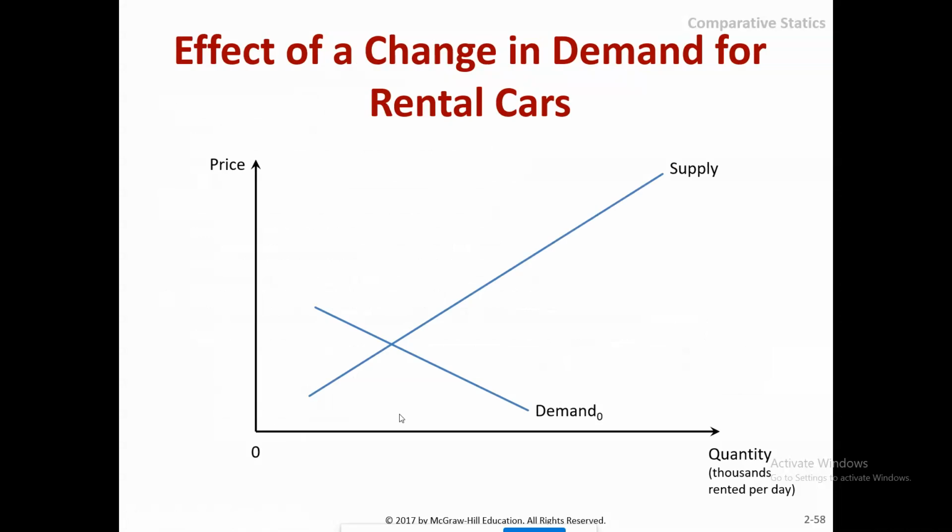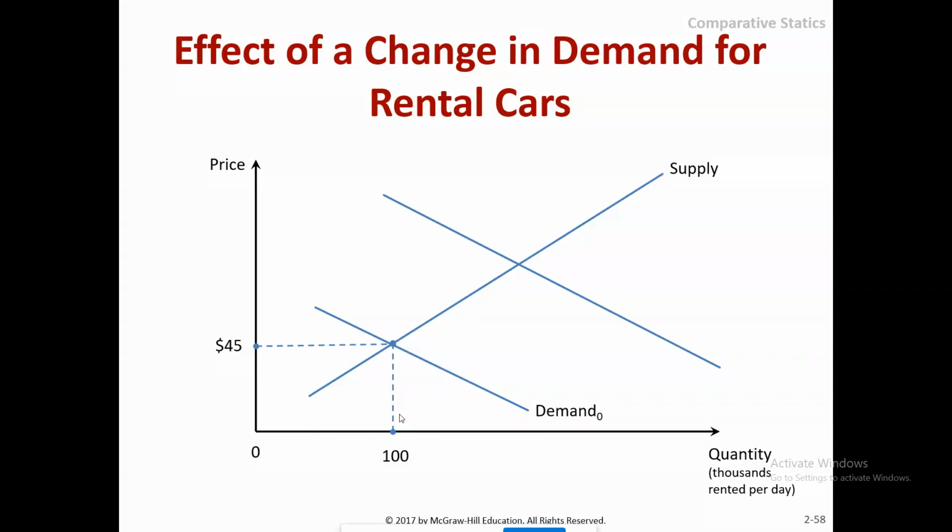Generally speaking, assuming rental cars are normal goods, the equilibrium price and quantity for now are $45 and 100,000 cars rented. Cars rented 100,000 times.